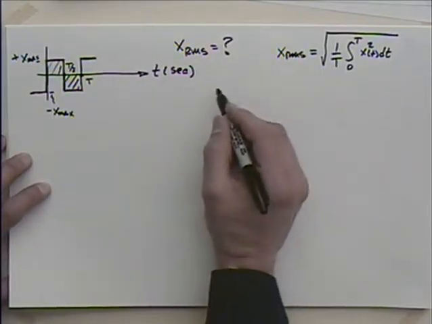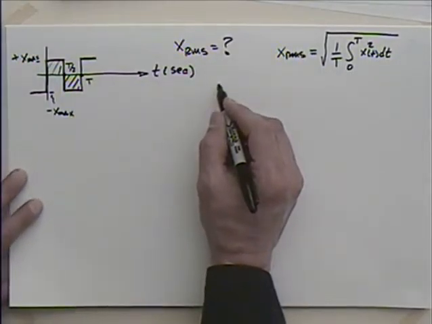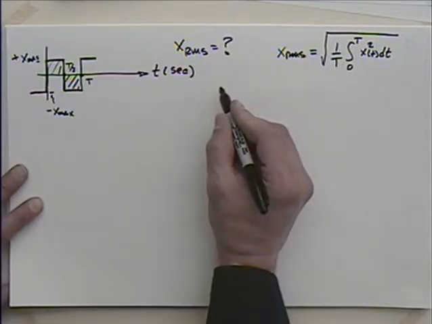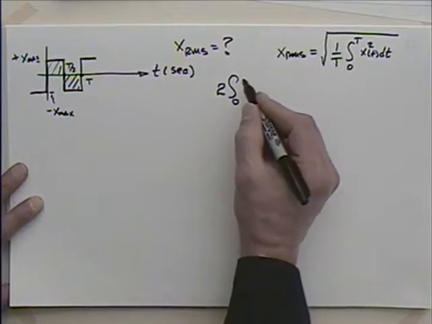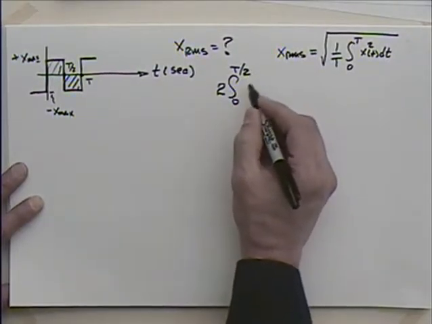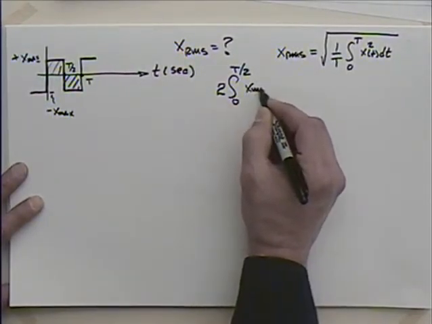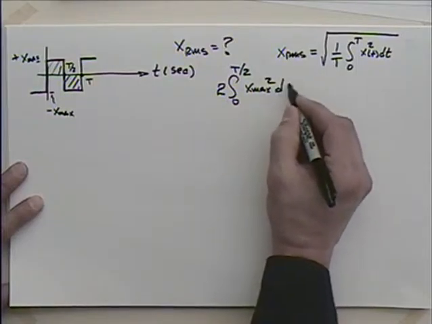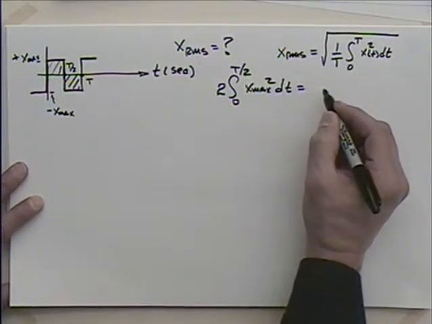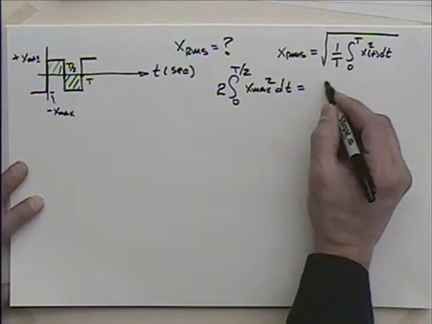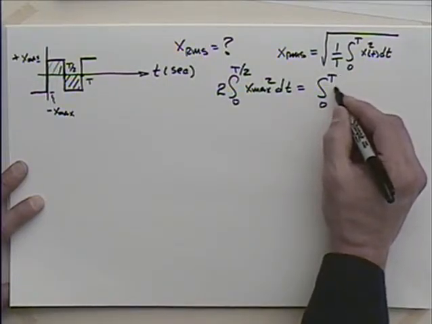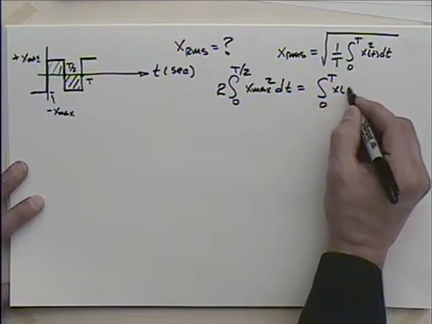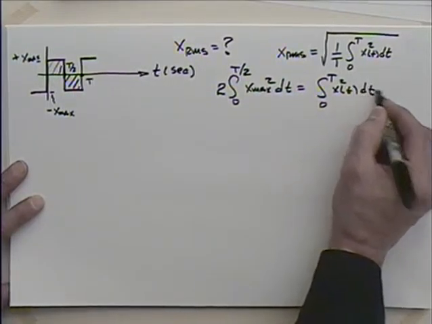So I'm going to save a little time here, and I'm going to say that 2 times the integral from 0 to t over 2 of x max squared dt is the same thing as the integral from 0 to t of x of t squared dt.